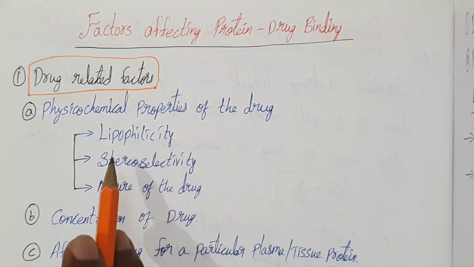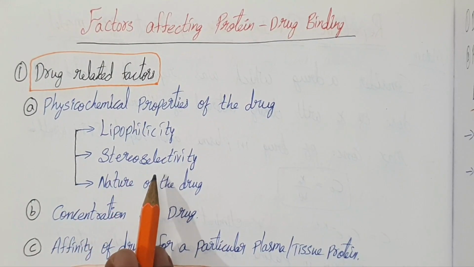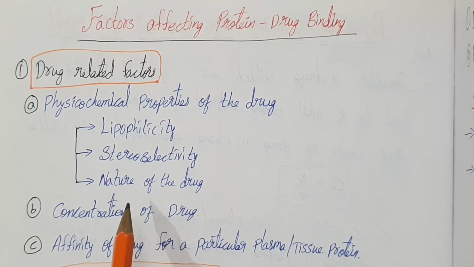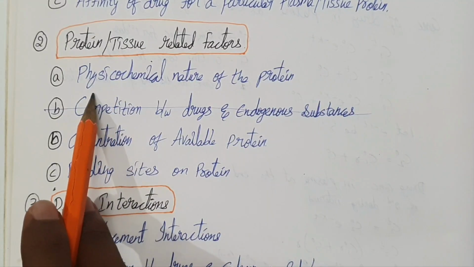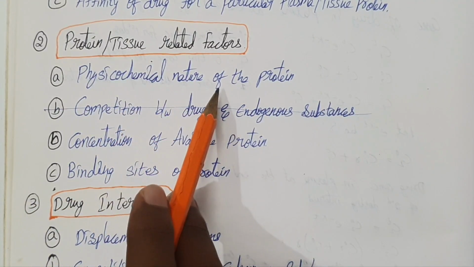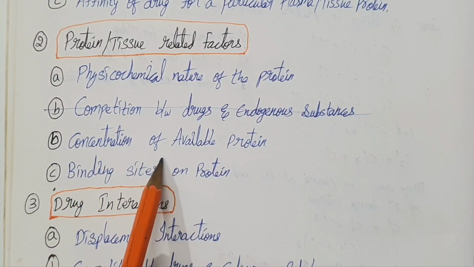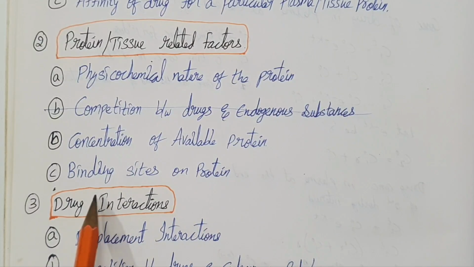Physicochemical properties of the drug like lipophilicity, stereoselectivity, nature of drug, concentration of drug, affinity of drug for plasma and tissue. Okay. Then second one we have protein tissue related factors. Physicochemical nature of the protein, concentration of available protein, binding sites on protein.